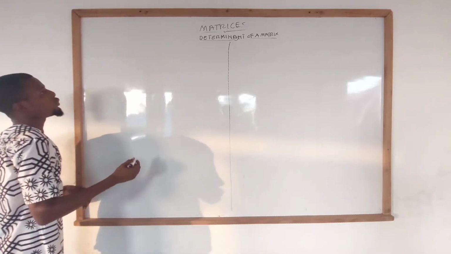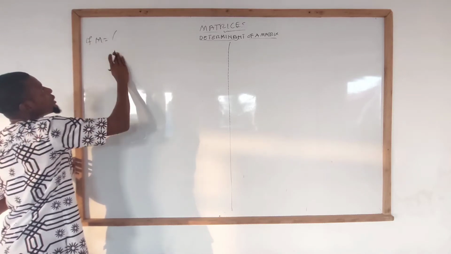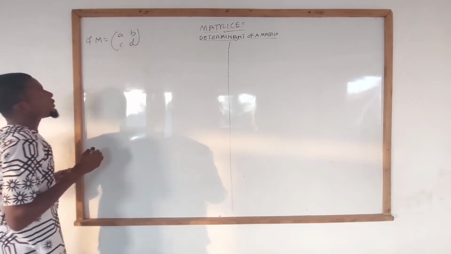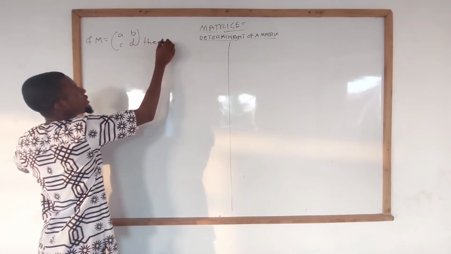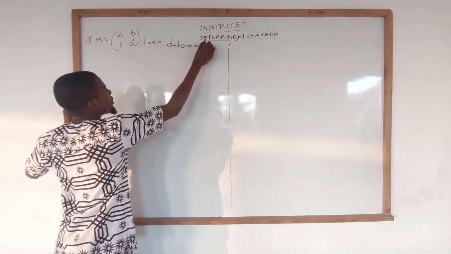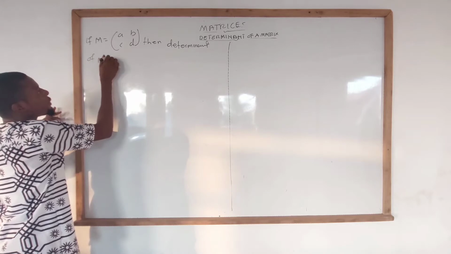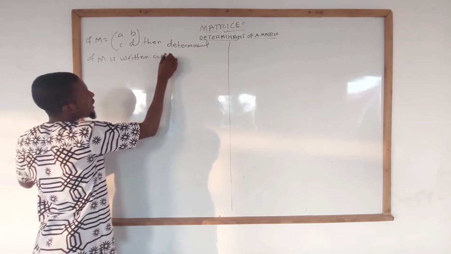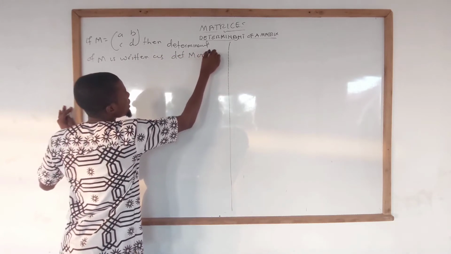Already we know our 2 by 2 matrix. For example, if I have M given by A, B, C, D, this is a 2 by 2 matrix. Now the determinant of M is written as det M or with vertical bars.